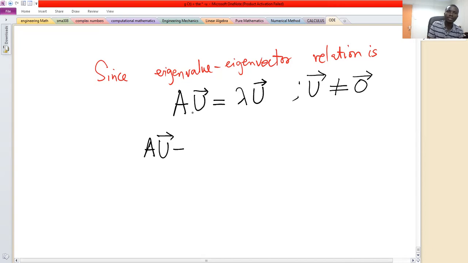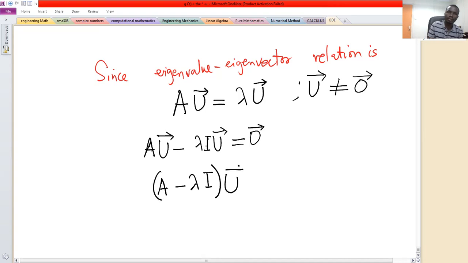Because this lambda is a scalar, for us to carry out this operation with the matrix A, we need to multiply lambda by the identity matrix of the same order as A. Now, this will give us A minus lambda I times u equals the zero vector.